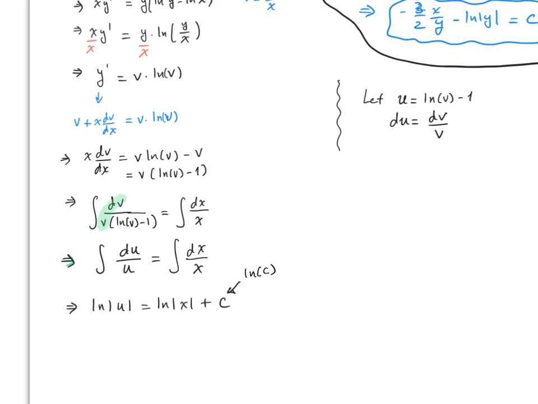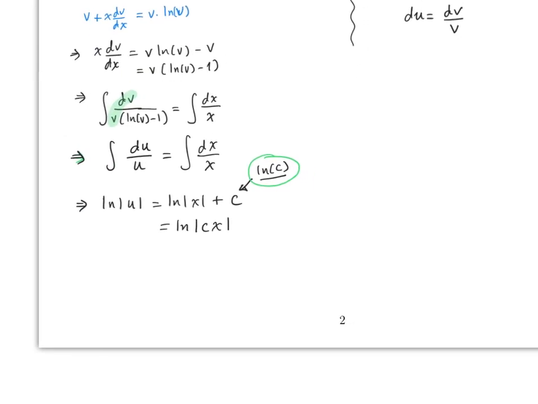So it will be more helpful to write it this way to make the algebra easier to simplify, because if we call this ln c instead of c, on the right side we're just going to have ln of cx. Instead of having two members, you only have one element now.